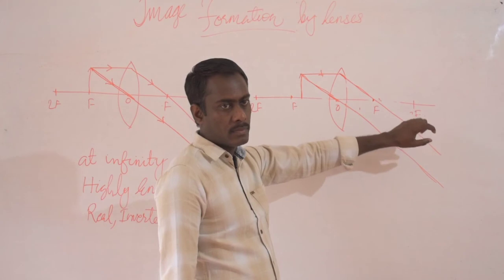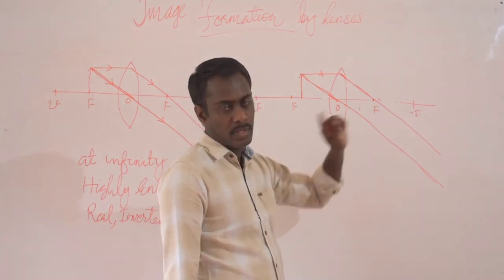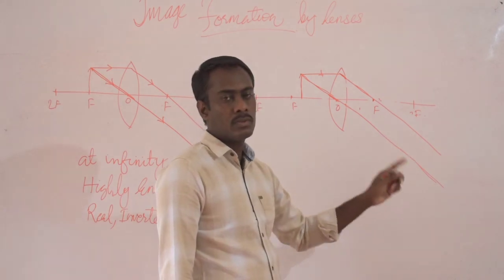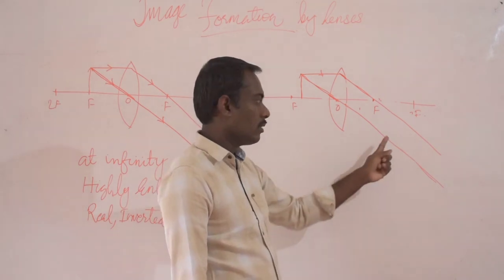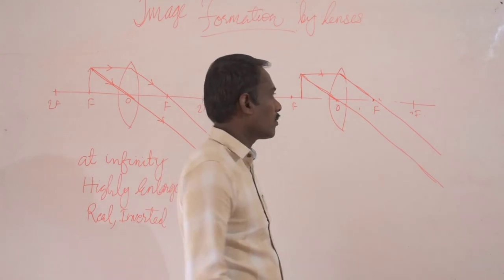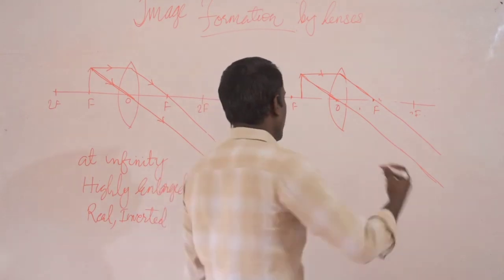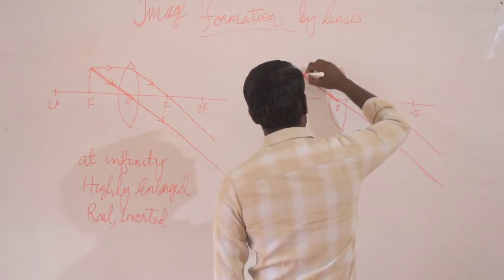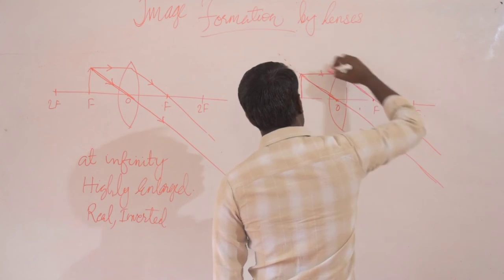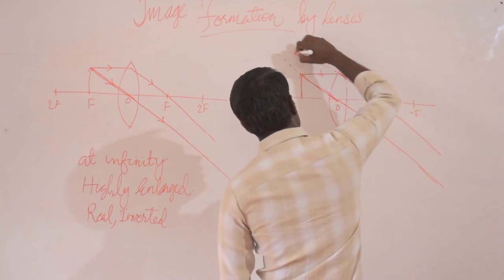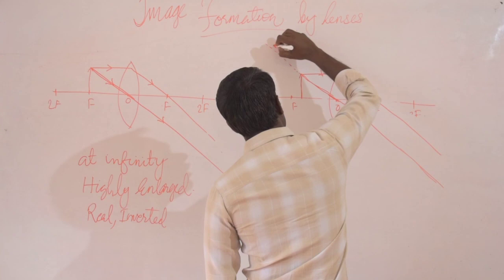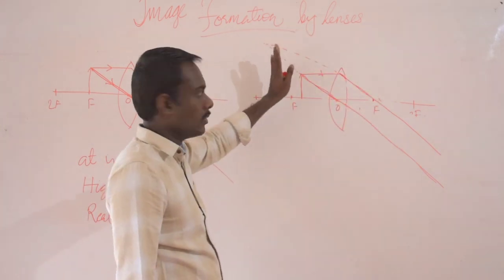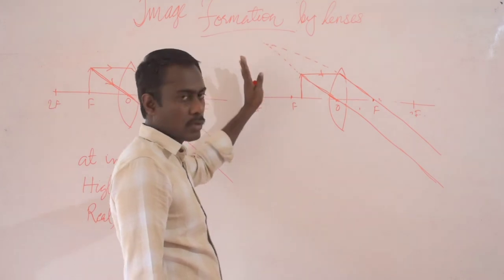Therefore they are not going to intersect at a point, so they are not going to form a real image of the object. Then where will we get the image? If we extend these two rays backward, these refracted rays appear to meet at a point on the same side of the lens.